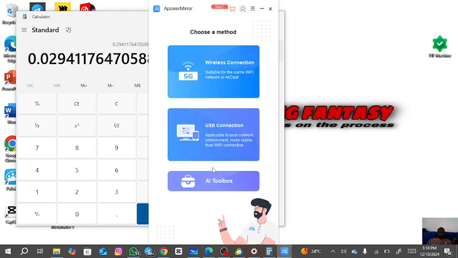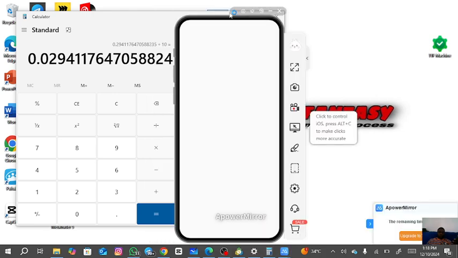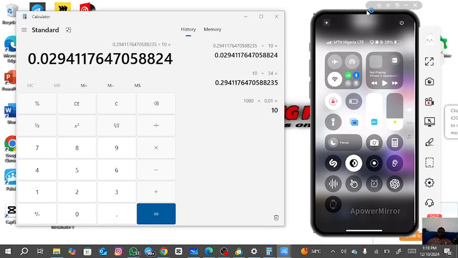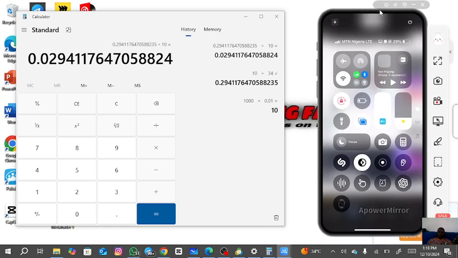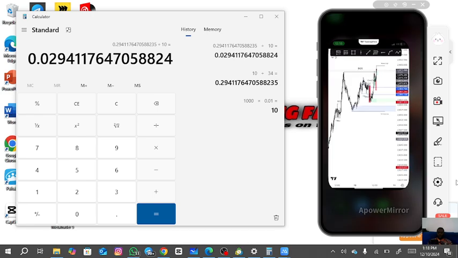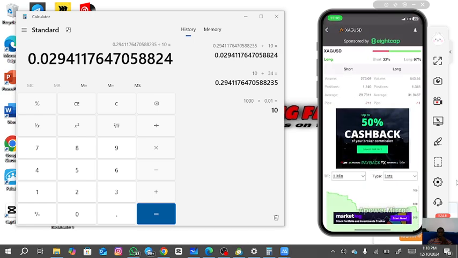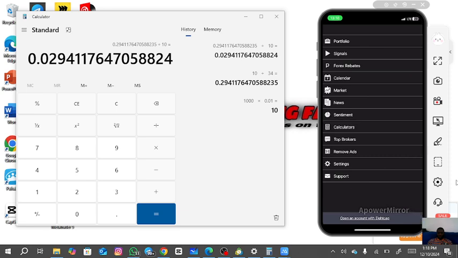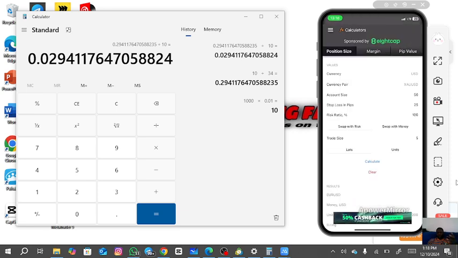Alright, so I'm going to be using my phone right now to show you. Okay, so let me just quickly go into the calculator. Alright, this is the calculator right here, as you can see.